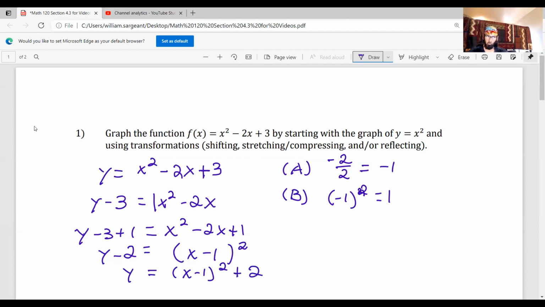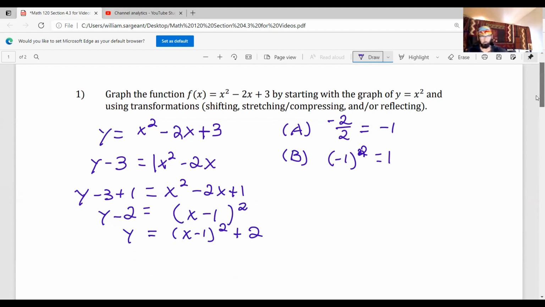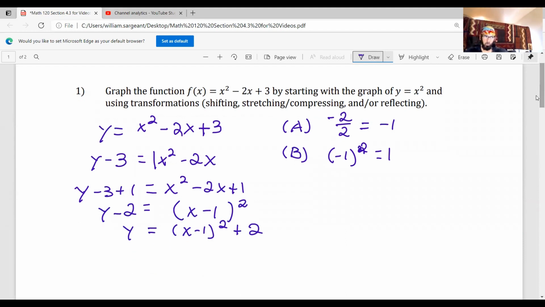You cannot combine the 2 with the negative 1 because the minus 1 is inside of something that is being squared. So what good does that do us? And before I get to that, another option would have been to take the function as we started with. Oh, by the way, I'm going to replace y with f of x again.